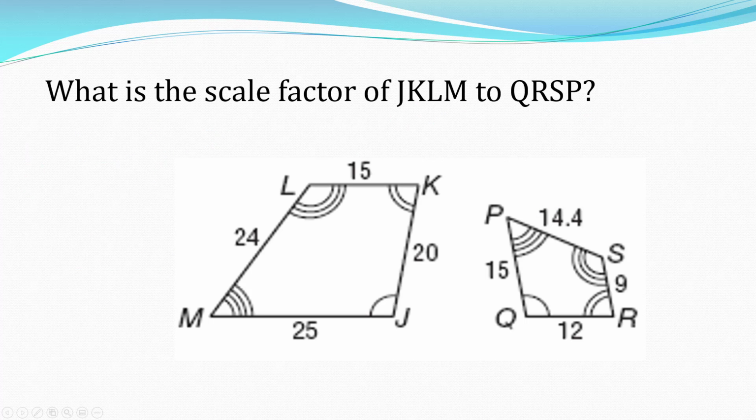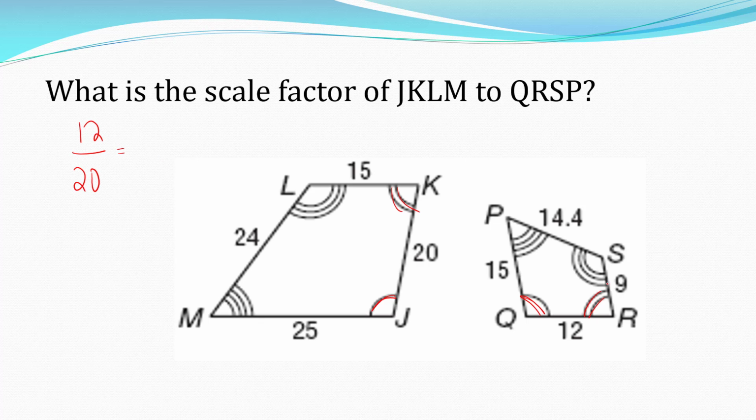So these are positioned a little differently, so you want to be a little careful here, because we have an angle, and then going to 2 slashes to 2 slashes. So from the image, QR is 12, matches the KJ, which is 20.